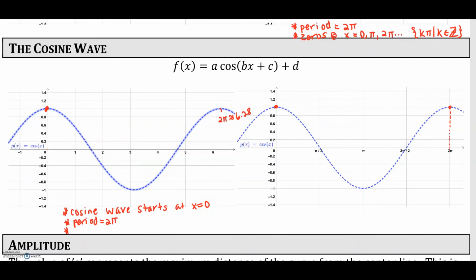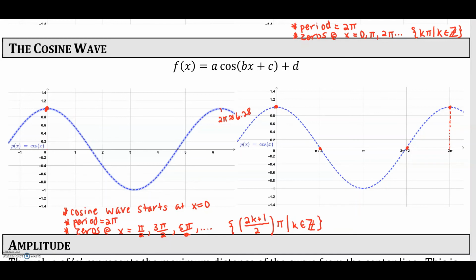The zeros occur at pi over 2, 3 pi over 2, 5 pi over 2, 7 pi over 2, and so on. Expressing this in set notation, we get the odd numbers, so 2k plus 1, divided by 2, multiplied by pi, such that k, the constant k, is an element of the integers.